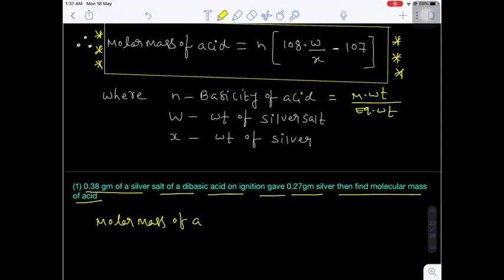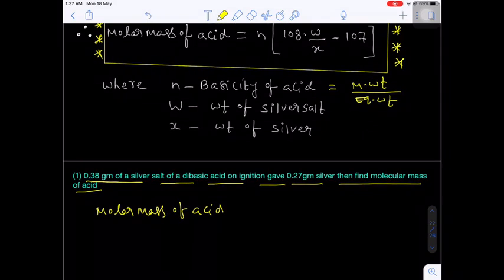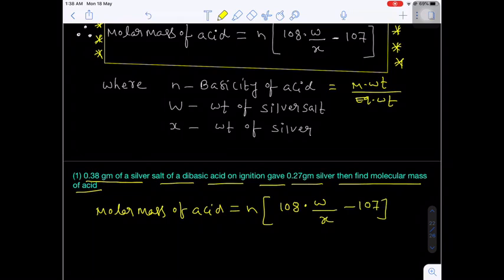Molar mass of acid is equal to N into 108 into weight of the silver salt by weight of the silver minus 107. Direct formula we have, from which we can directly calculate the answer.